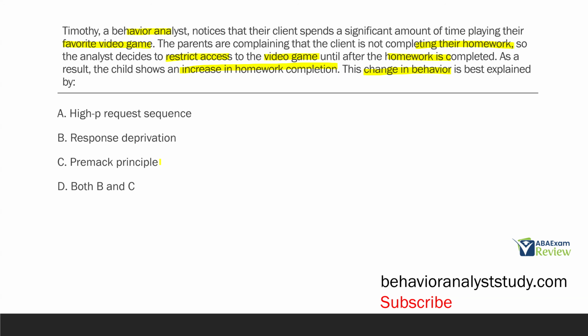And the Premack principle says we use the opportunity to engage in highly preferred responses or activities as reinforcement for engaging in the lowly preferred or less likely responses, which is exactly what's happening here. If you complete your homework, then you get to play video games. That's the Premack principle at work. That's response deprivation at work. So this change in behavior is best explained by both B and C.